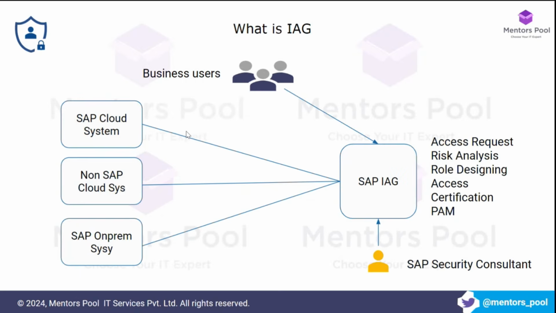When it has all the data, it will check whether a user has more roles or fewer roles. If the user has more roles, it means he can do more things than he's supposed to, and he can access resources he's not supposed to as per his job.